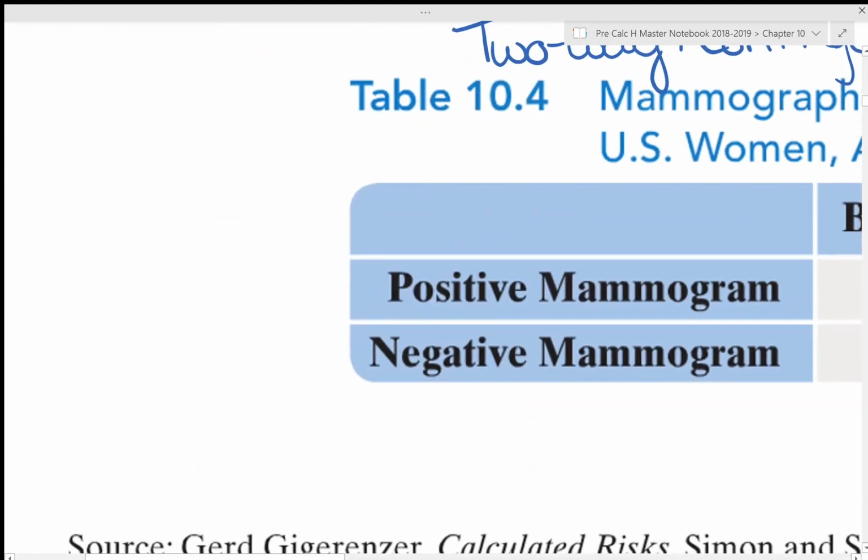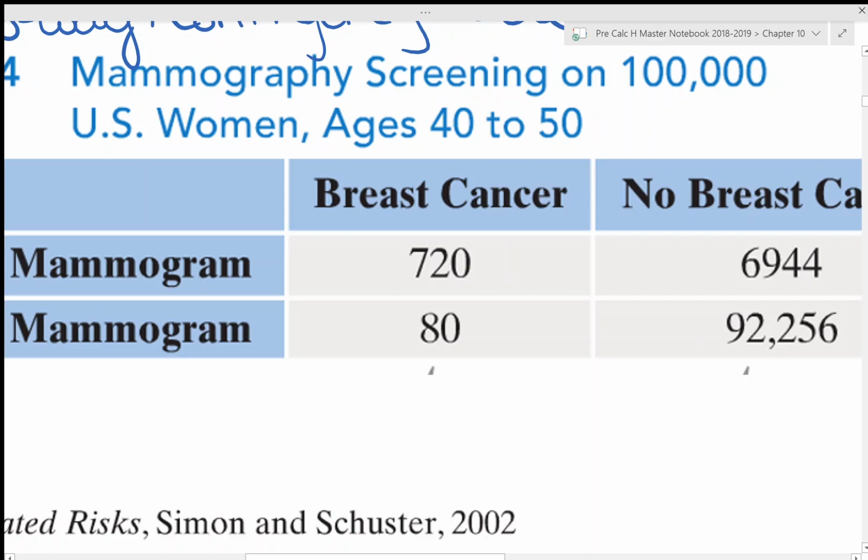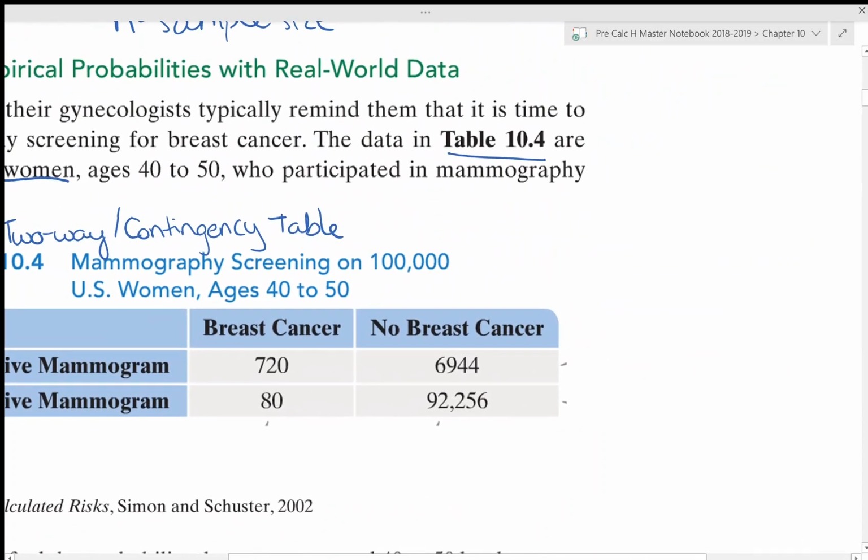This would be the mammogram result. We ask people, what was the result of your mammogram? Was it positive or negative? Then the second thing we saw was whether they had breast cancer or not.